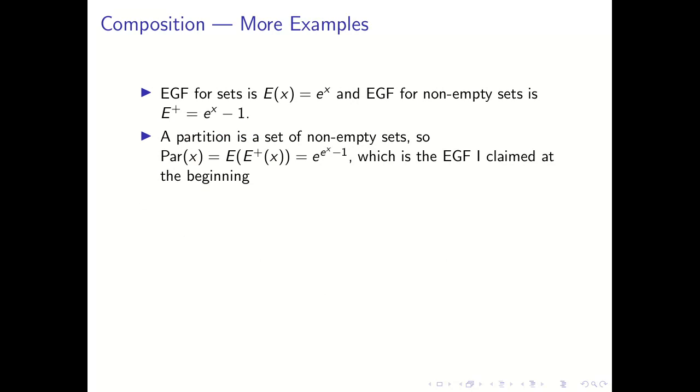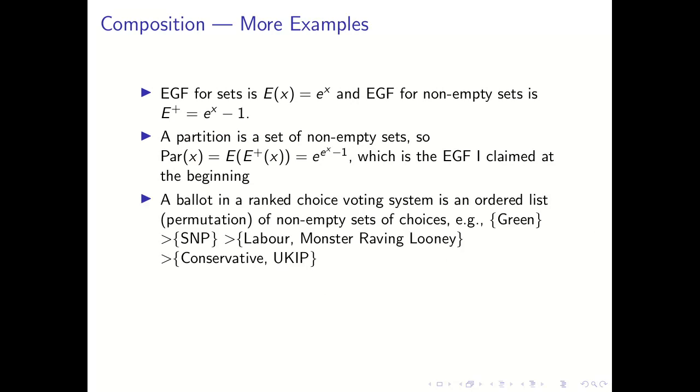So in a ranked choice voting system, which the UK, for ridiculous reasons, does not have, if you go into your ballot, you'll be asked to rank all of your candidates in a particular order. And for us, we're going to allow you to rank some things to be the same.